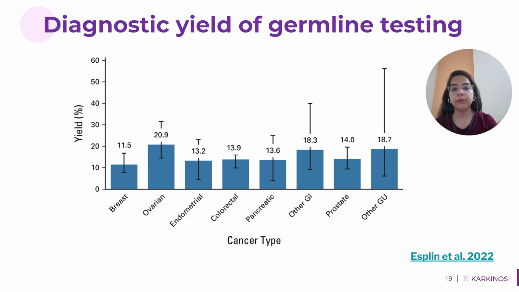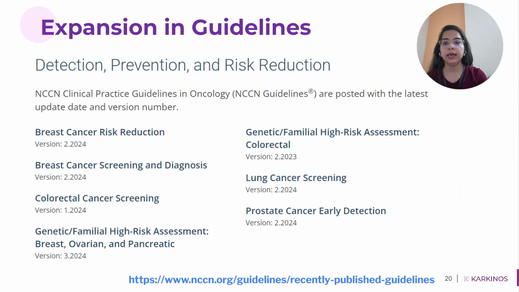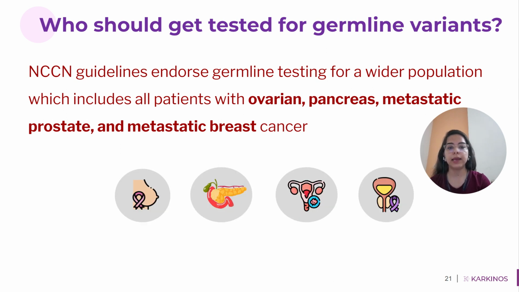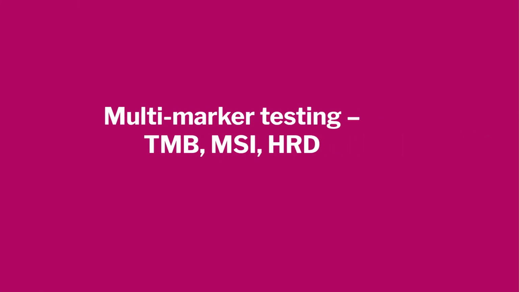For example, in breast cancer, around 11% of the samples would have one or more pathogenic germline variants, which, if not performed, could be missed due to somatic testing. And due to this, NCCN has now updated its guidelines to endorse germline testing for a wider population, which includes all patients with ovarian, pancreatic, metastatic prostate, and metastatic breast cancer.